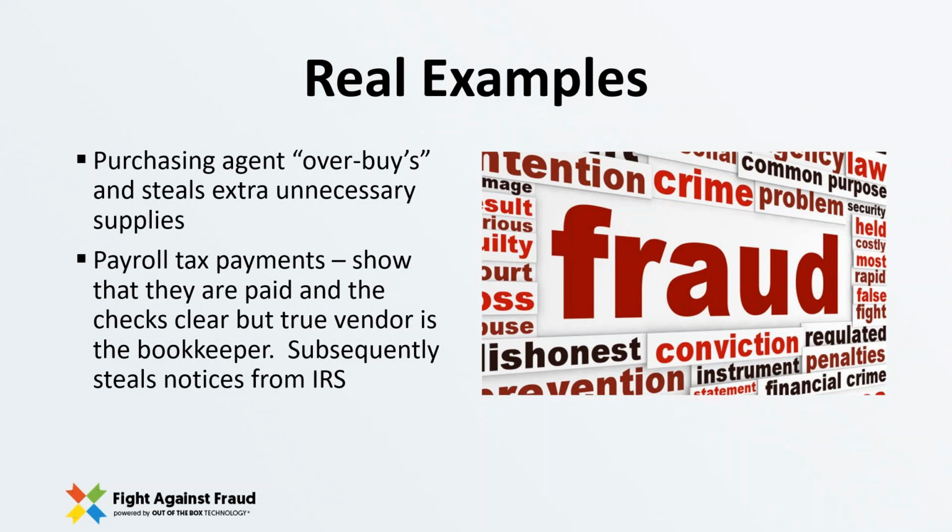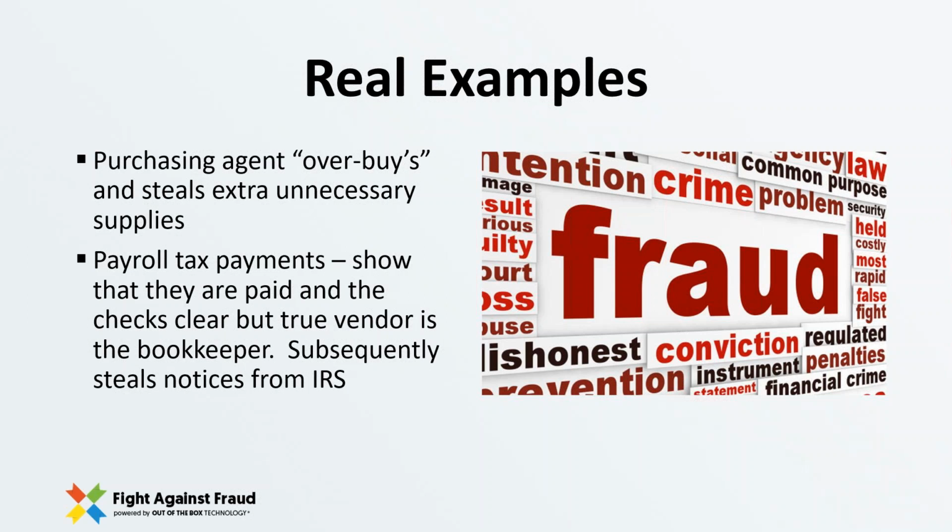Payroll liabilities look fine. Looks like it went to the IRS, no problem. And then she makes sure she steals the notices that come in the mail from the IRS saying you filed your returns, but you haven't paid the taxes. And after 3 years, $350,000 out the door.